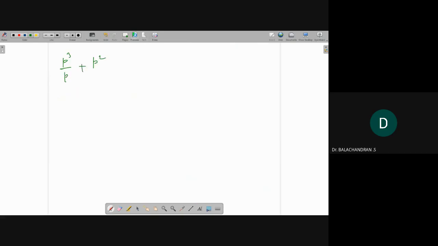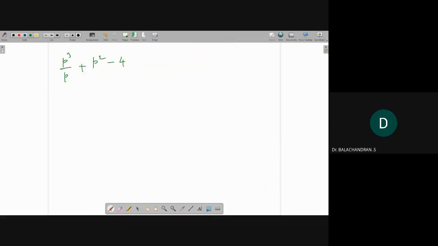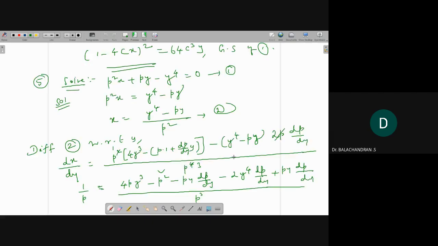Then minus 4py cube plus 4py cube, and what is remaining: minus py dp by dy.